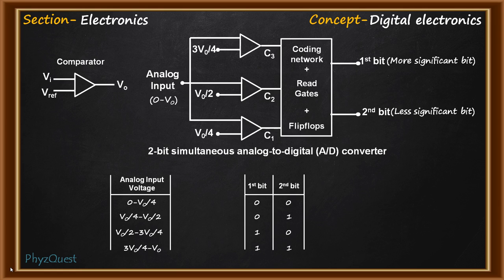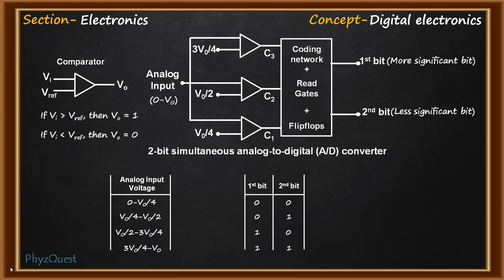Out of the 2 voltages it compares, one is the reference voltage, let us say Vref, and the second is the input voltage, let us suppose Vi. If Vi is greater than Vref, then the output will be equal to 1, and if Vi is less than Vref, then the output will be equal to 0.